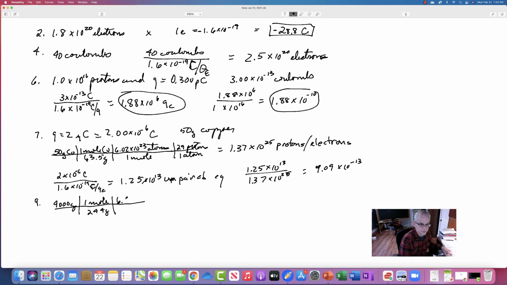And there are 6.02 times 10 to the 23rd atoms per mole. And it tells you that there are 94 protons per atom. So if you multiply that whole thing out, you get 9.28 times 10 to the 26th protons.